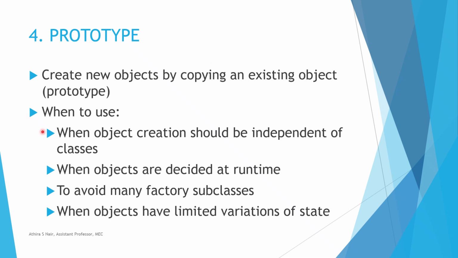We can use the prototype pattern when a system should be independent of how its products are created, composed, and represented, and when the classes to instantiate are specified at runtime, and to avoid building a class hierarchy of factories that parallels the class hierarchy of products, and when instances of a class can have one of only a few different combinations of state.